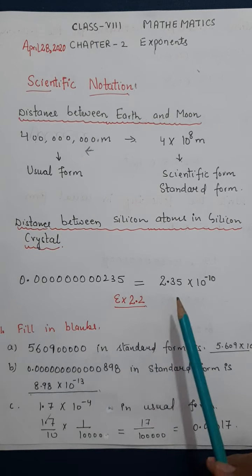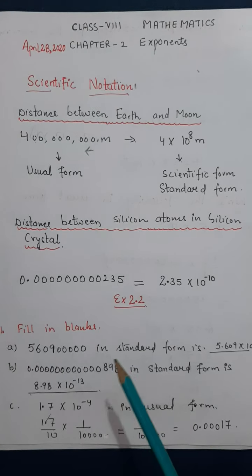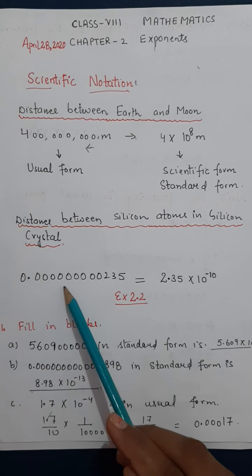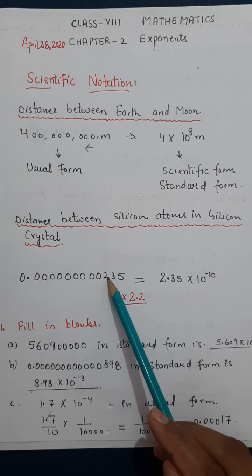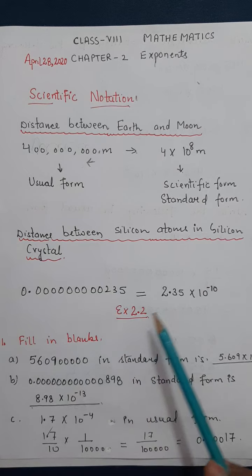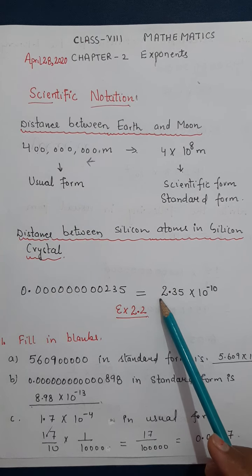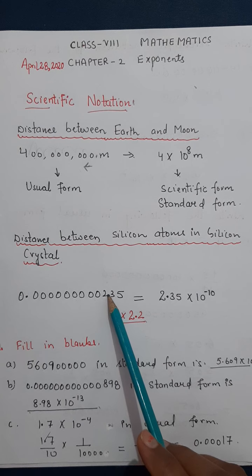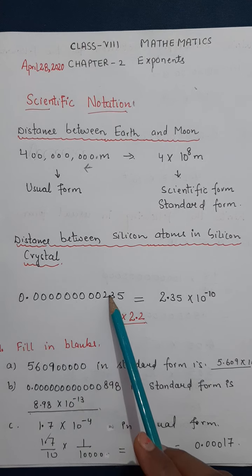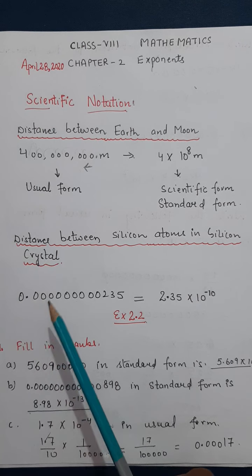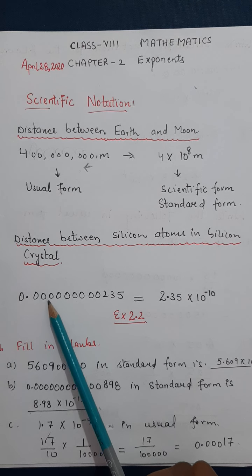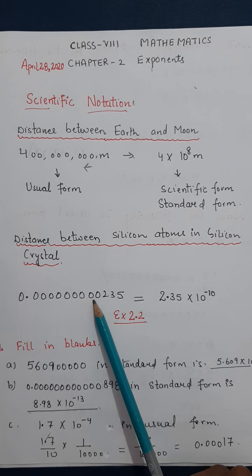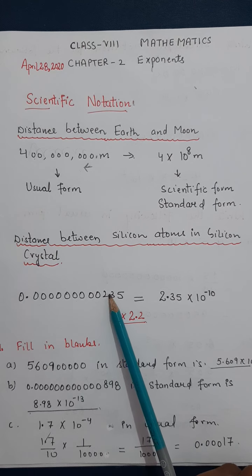To write it in the standard form or scientific form, what do I need to do? The decimal is to move just after the first digit. Keep it in your mind. In scientific form, we need to have the decimal after the first digit. So we have to place this decimal this side. Okay, so how many jumps do we need to take? 1 2 3 4 5 6 7 8 9 and 10.